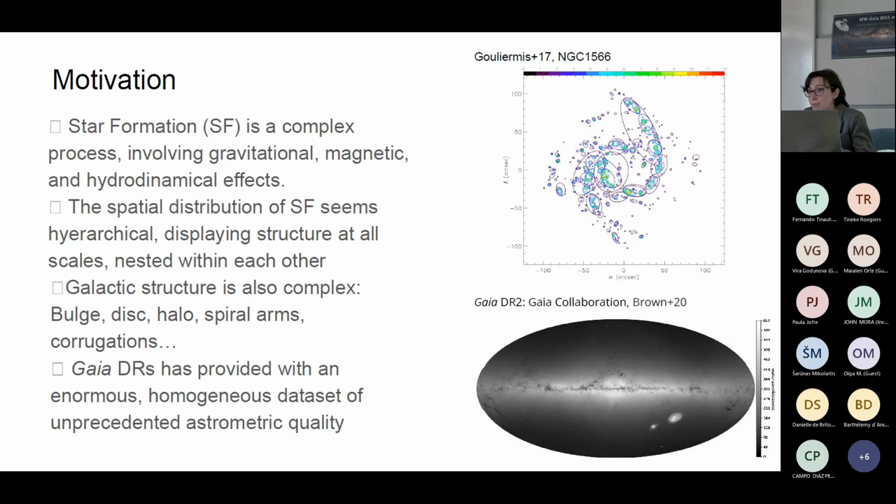So I am really excited about the future after all that has been said here about Gaia data releases, but I'm also quite happy with what has already been shown to the community.